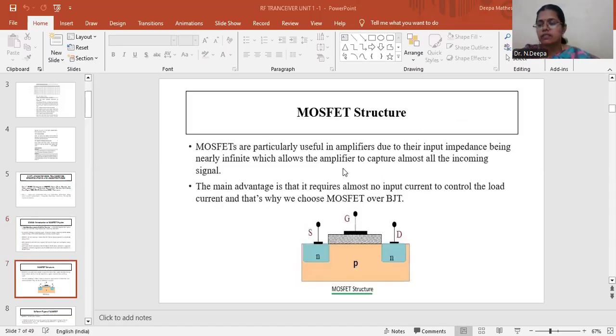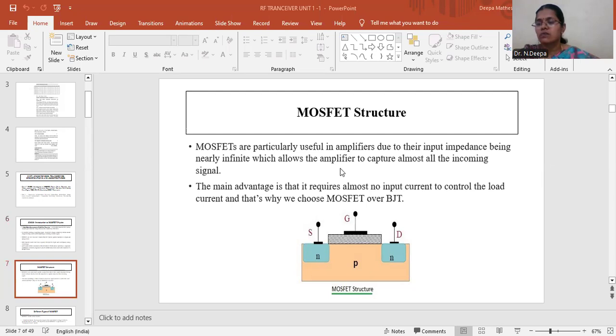So these are the terminals available in the MOSFET. When you construct a MOSFET, there is a p-type semiconductor that forms the base, and two regions of the base are highly doped with an n-type impurity, which is marked as n plus in the diagram. From the heavily doped regions of the base, the terminals source and drain originate.